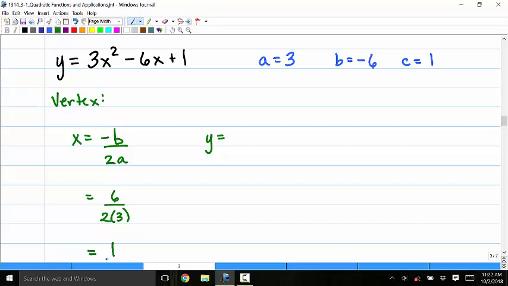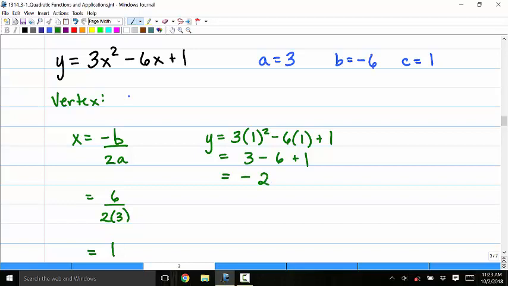Absolutely. Plug it in. What do I get? 3 times 1 squared minus 6 times 1 plus 1. 3 minus 6 is negative 3 plus 1 is negative 2.